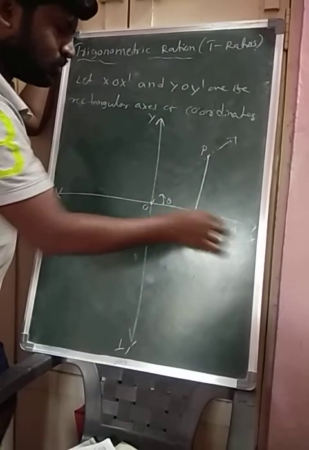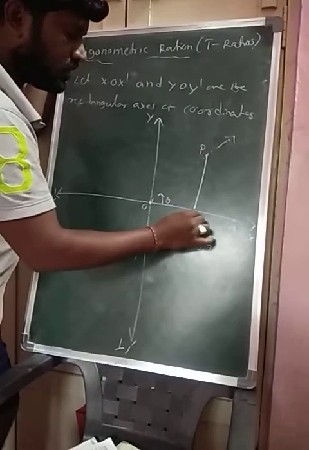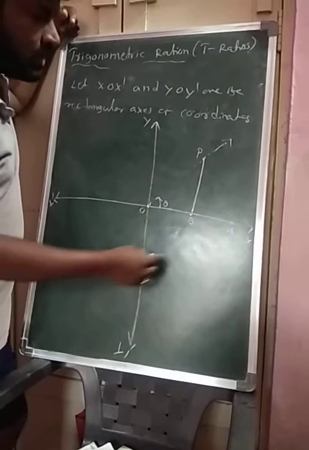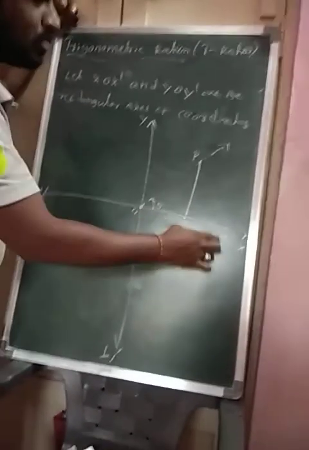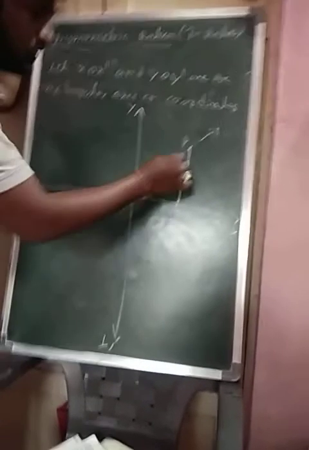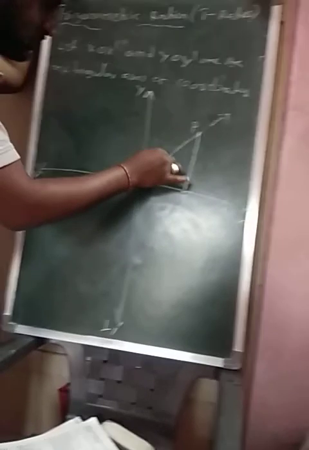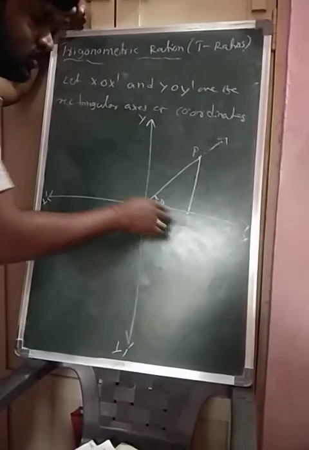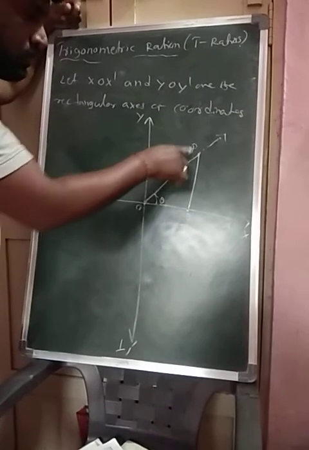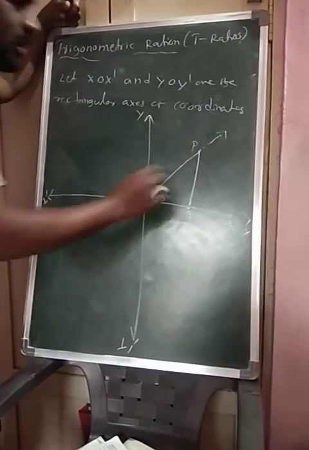It touches OA at B. Now clearly PB is perpendicular to OA. Therefore angle POB is equal to theta.